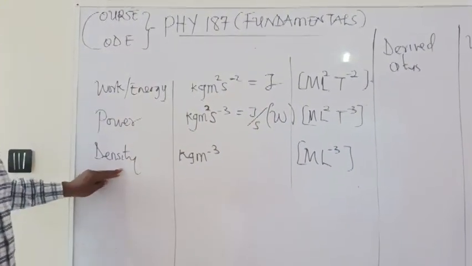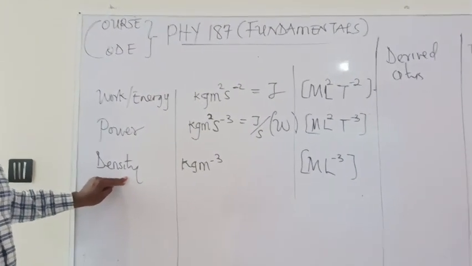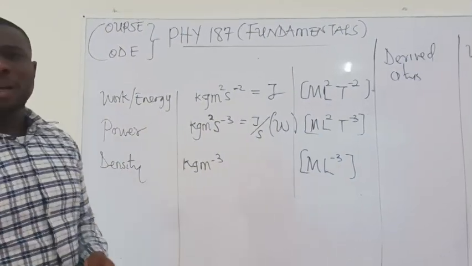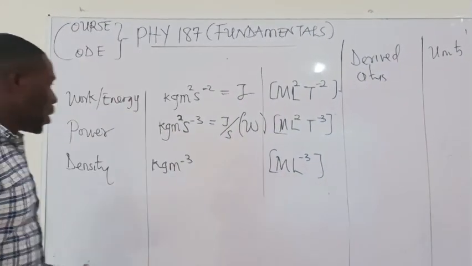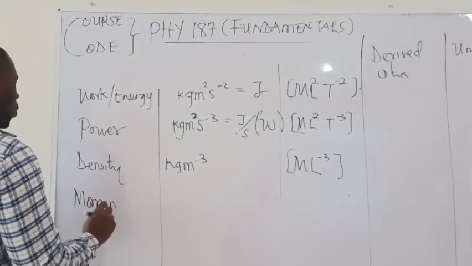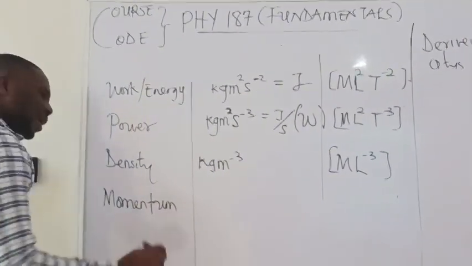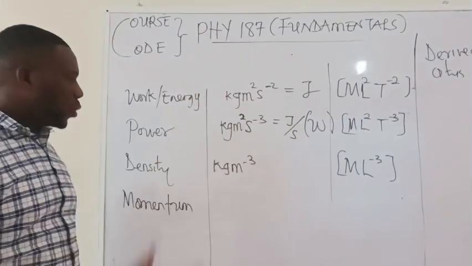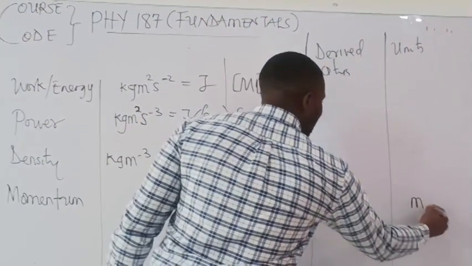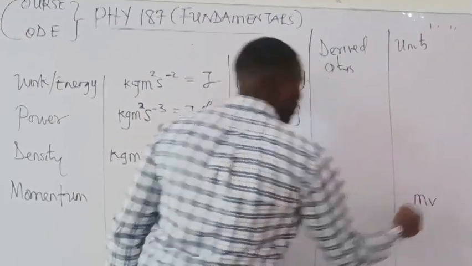Alright, we stopped at density, so I will proceed from here. Of course, there are other physical quantities like momentum. Momentum is simply the idea of a mass in motion, and is given by the product of the mass of the object times its velocity.